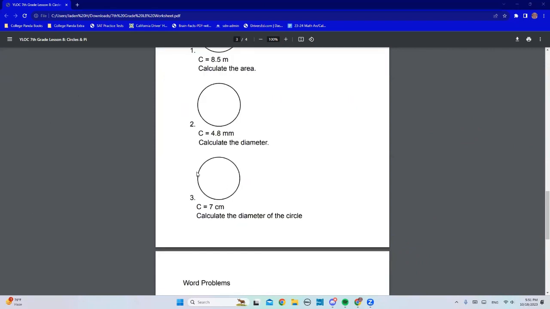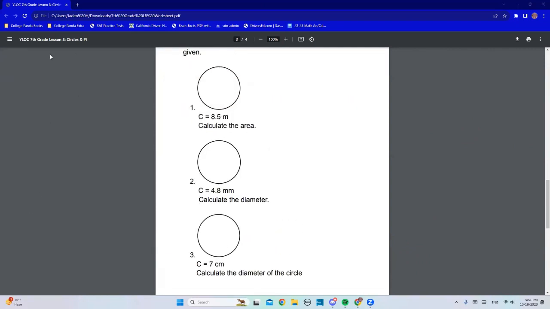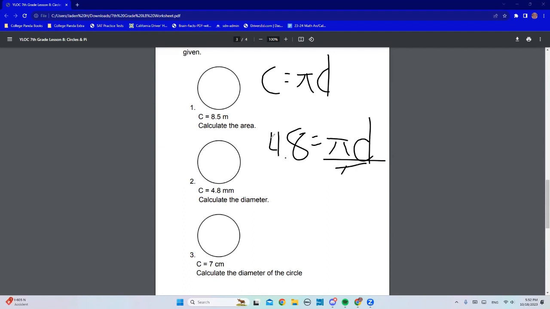Let's try out one more question since it's a little bit hard. The circumference is equal to 4.8. As you remember previously, another way to calculate the circumference is pi times d. Since we're trying to find the diameter, we could just divide both sides by pi to get our final answer.